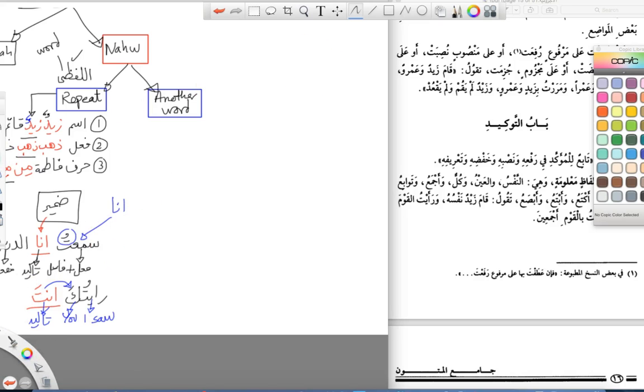Alright, now the next thing is another word. Okay, so when we use another word, the word that we use are several things we can use. Number one, we can use the words nafs or ayn. Nafs or ayn. Okay, put in the comments what nafs and ayn means, and inshallah we'll look at that.